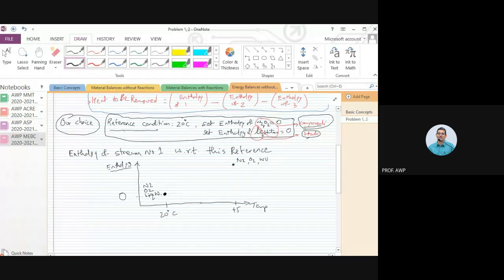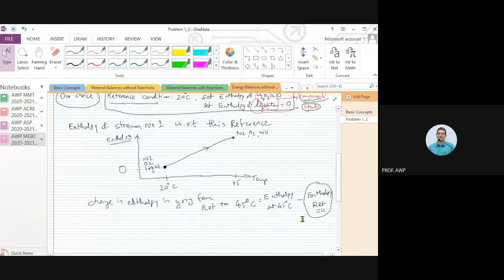So if I work out the change in enthalpy in going from reference to 45 degrees centigrade, this would be nothing but enthalpy at 45 degrees centigrade minus enthalpy at reference condition, which is 0.